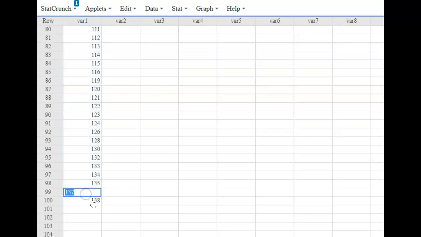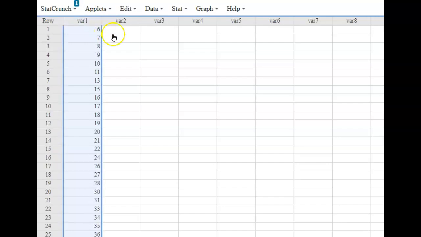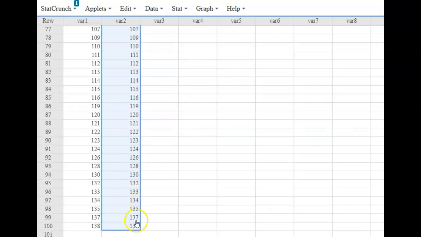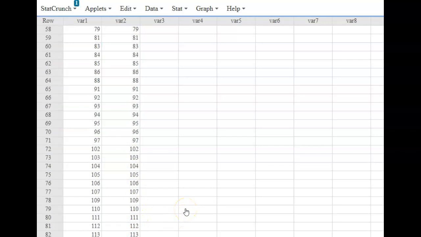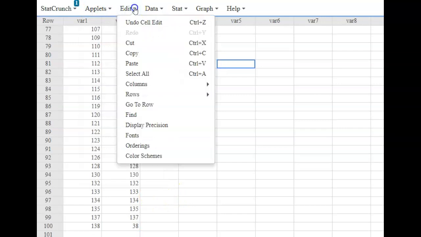Then I'm going to copy this column over, put it over here, and erase the 138, and write in a 38 instead, because that was wrong. Then we can sort it again.